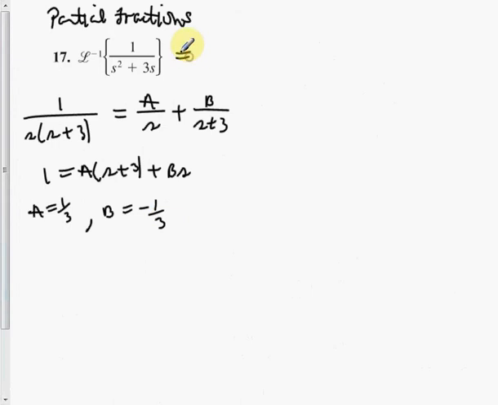So this problem becomes now the inverse transform of that A, which is 1/3 over s, plus -1/3 over its denominator, s plus 3.